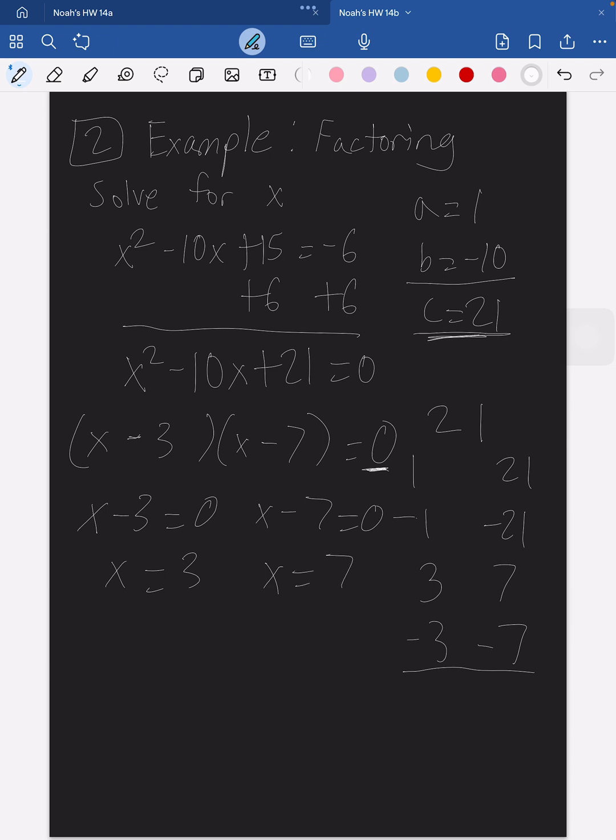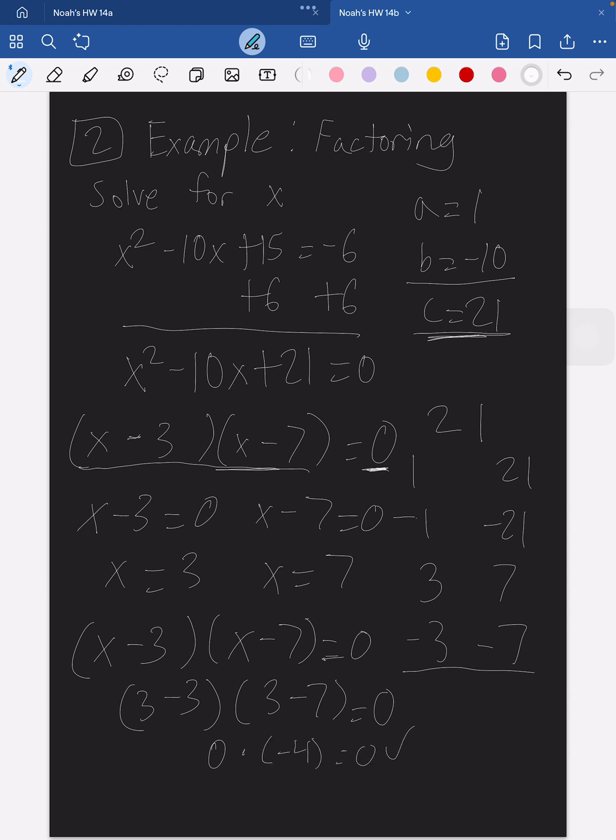When we set each factor equal to 0, it's because when we plug in both values to our original factored form, let's plug in 3 first. So we have, this is our original factored form. When we plug in 3, all right, let me go ahead and fix that. It gives us 3 minus 3 times 3 minus 7, which is going to be 0 times negative 4, which is equal to 0.